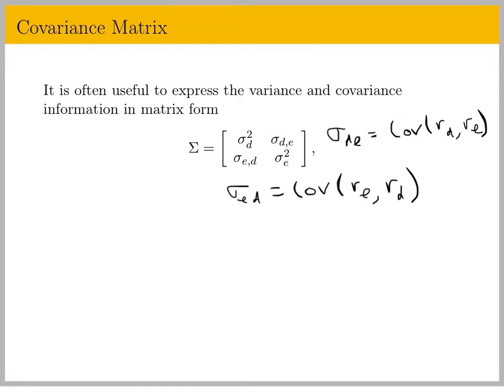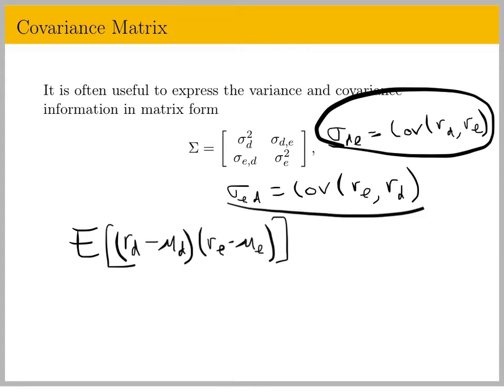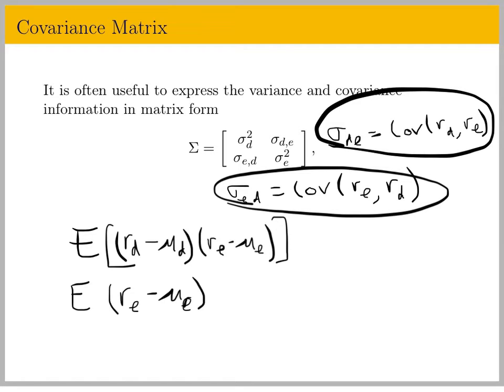Now, the definition of covariance, let's write the definition of the first one. Well, that's just the expectation of RD minus its mean times RE minus its mean. What's the definition of this one now? Well, that's just the expectation of RE minus its mean times RD minus its mean.